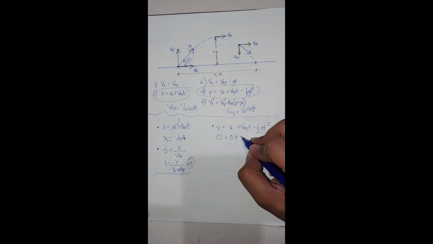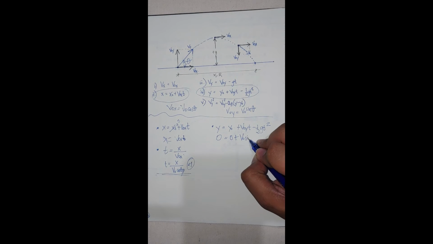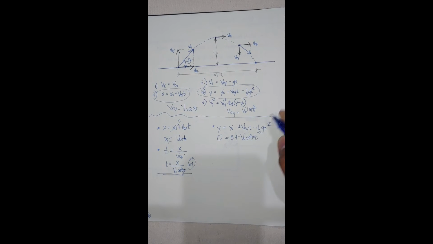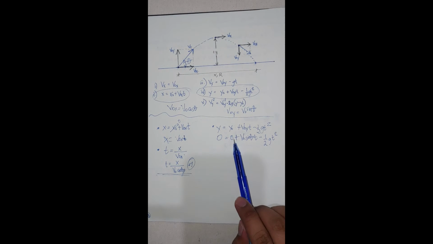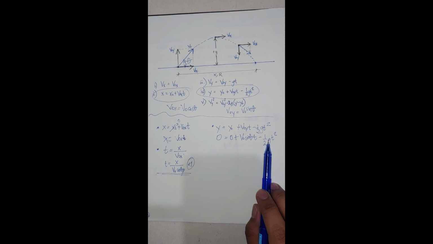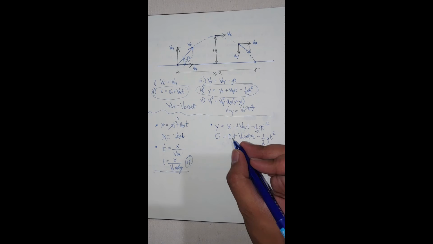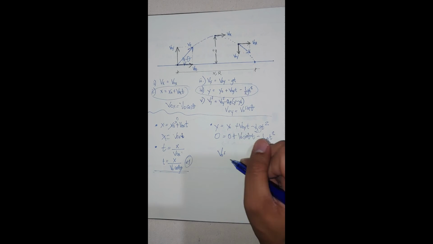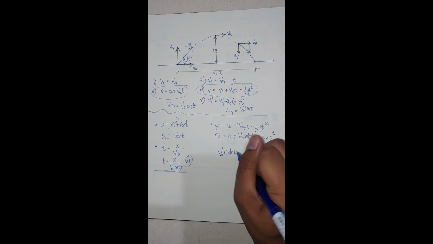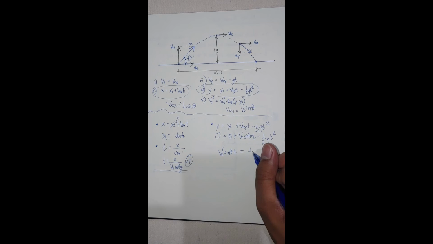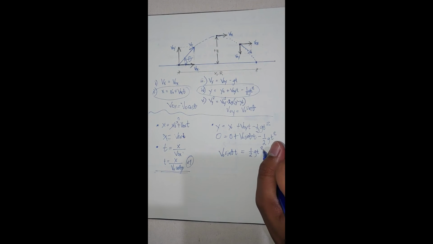So we write that here. The initial velocity sine theta t minus 1/2 gt squared. If you can see na 0, so pwede na to ni sila ma-equate. So we transpose let's say this one para ma-positive. So we have the initial velocity sine theta t just equal to 1/2 gt squared.